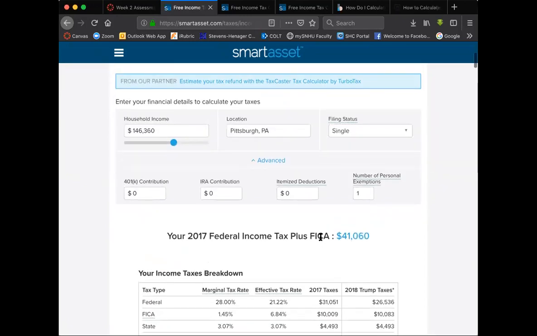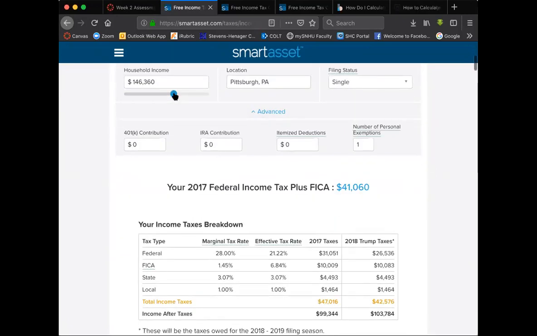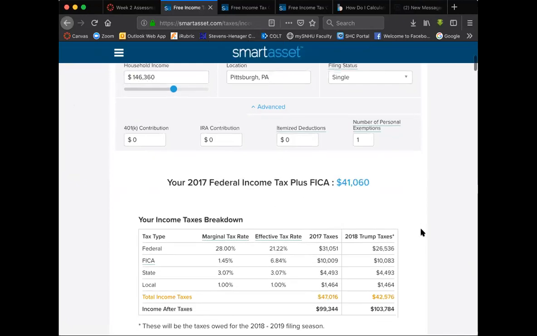All right, so with that being said, and you can see these numbers adjust below when I'm filling this out a little different. So I'm just going to put that number that was in my Excel at the very bottom. So 146,360. At the very, very bottom. All right.